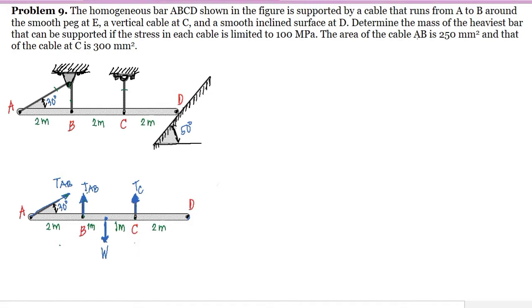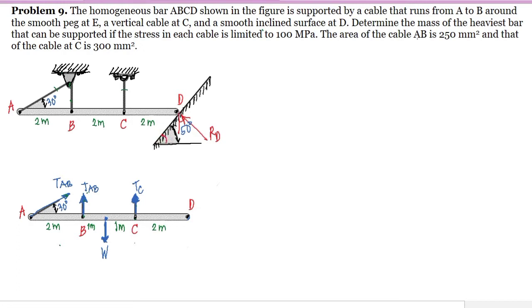Now, for the reaction at point D, since this is a smooth inclined surface, we only have one reaction at point D. The reaction at point D must be perpendicular at the point of contact. So, it is not always vertical. It should be perpendicular at the point of contact. In order for us to determine this angle, if we look here, this is 50 degrees.